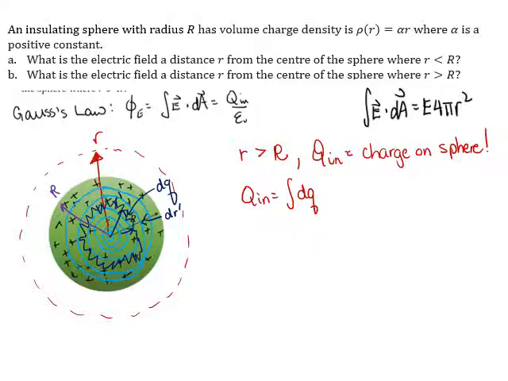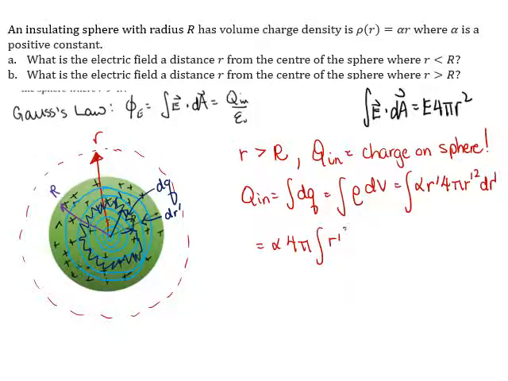So when we want to find the integral of dq, we're doing the integral of the density times the volume. The density is our constant alpha times the radial position r primed. The volume is the area, 4 pi times r primed squared, times the thickness dr primed. Taking our constants out front, we get alpha times 4 times pi times the integral of r primed cubed dr primed. This time the limits of our integral are from the center of the sphere, because we have to start at the inside at the beginning.